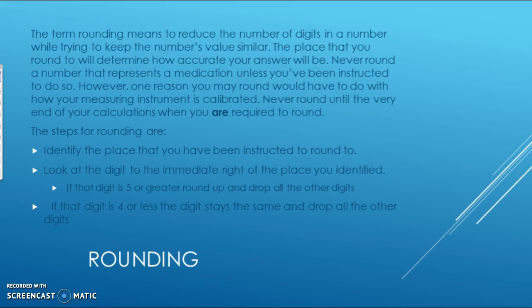Then you look at the digit to the right of that place. If that digit is 5 or greater, we round the one we underlined up, and all the other digits become zeros. If it is 4 or less, it stays the same and everything else becomes zeros.